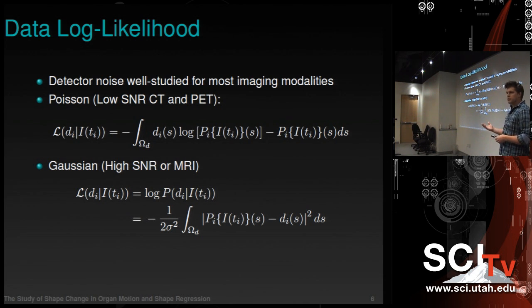For higher SNRs and for k-space MRI data, the noise is actually Gaussian, and its log likelihood has the familiar form of a sum of squares. So maximizing this log likelihood, since it's a negative sum of squares, corresponds in some sense to a least squares kind of estimation.